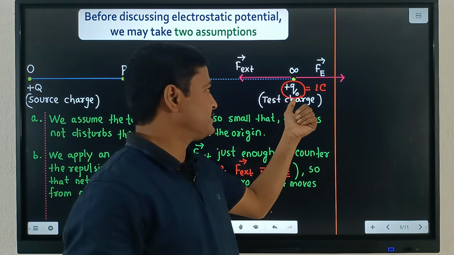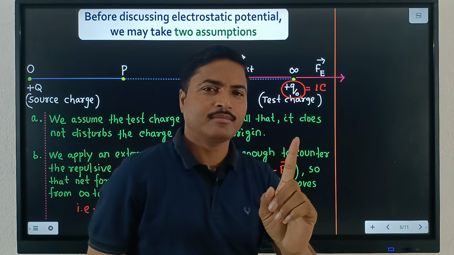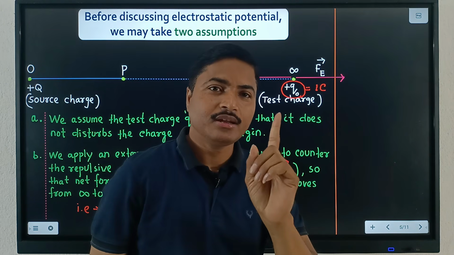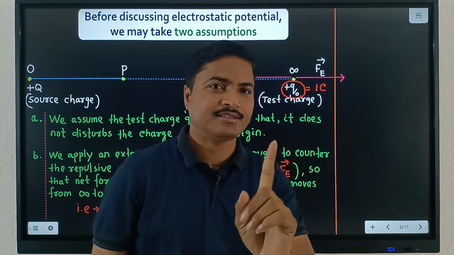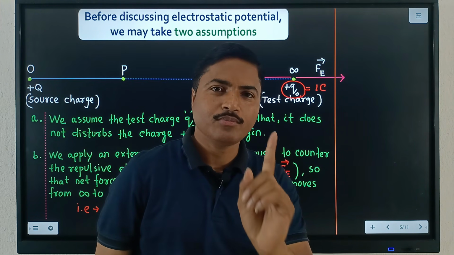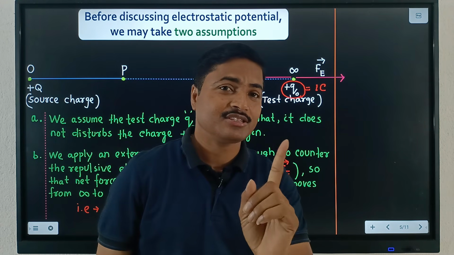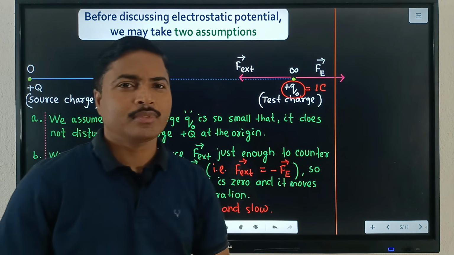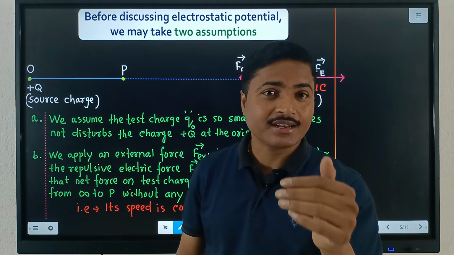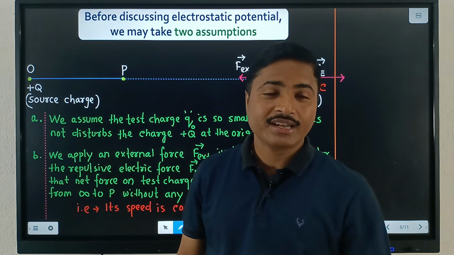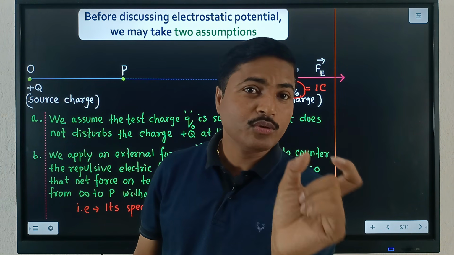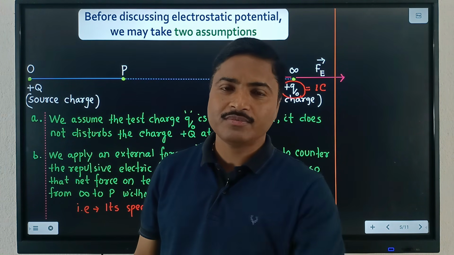The magnitude of the test charge is 1. We take a unit positive test charge in the case of electric potential. But in the case of electrostatic potential energy, we take a test charge, not a unit positive test charge. That is the difference.